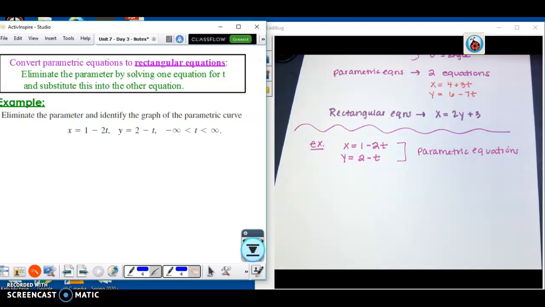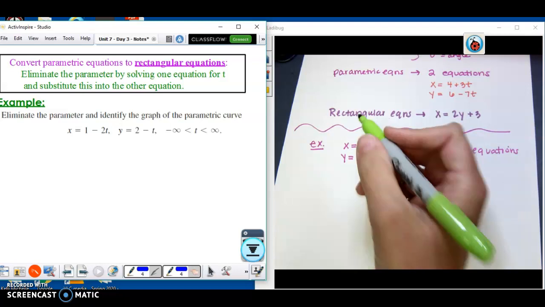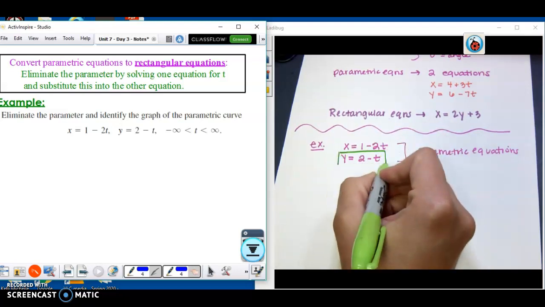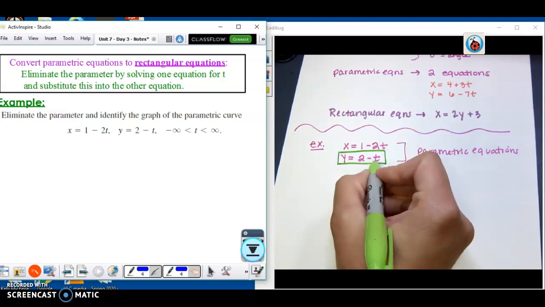So what you want to do here is take either equation, the x equation or the y equation, but we want to solve one of them for t. You really want to solve the easiest one. These aren't complicated, but some of them get complicated, so you want to pick the easiest one. Picking y will be the easiest because there's not a number with t there.